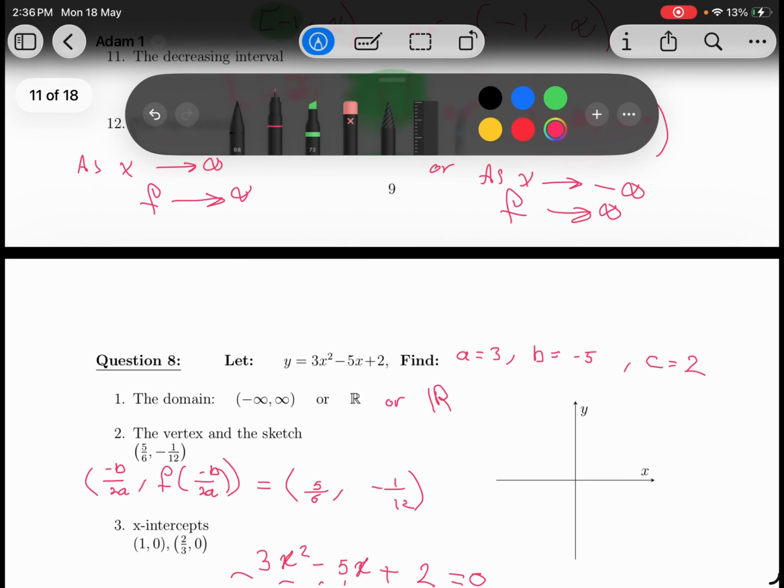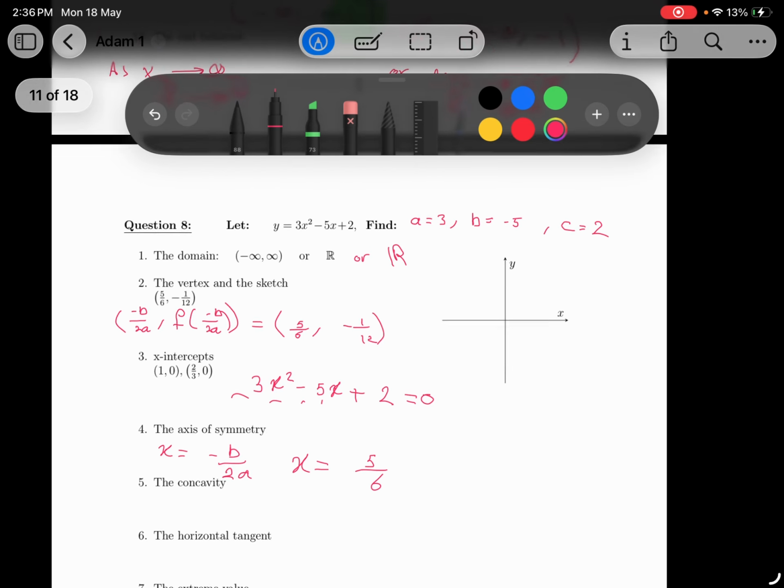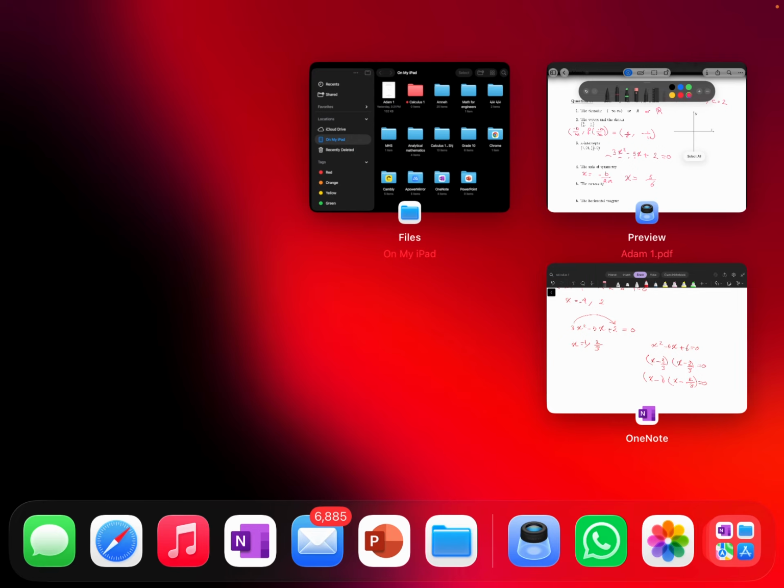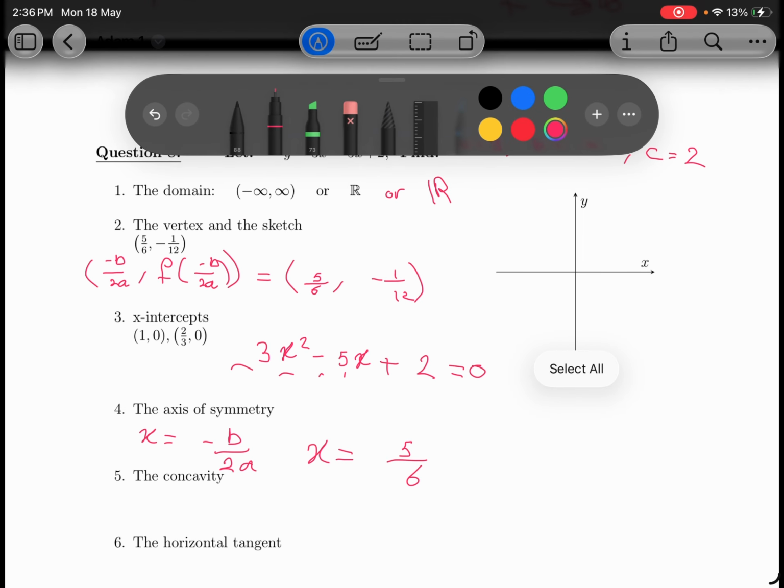Allow me to sketch this here. The vertex here is at 5/6, which is positive, and it is in this quadrant.